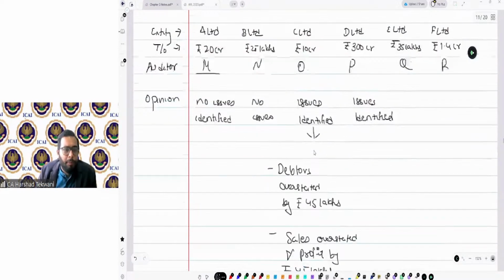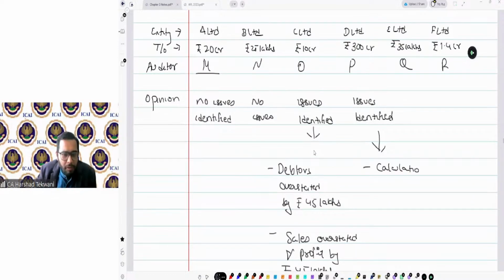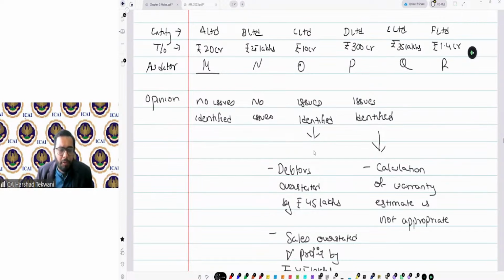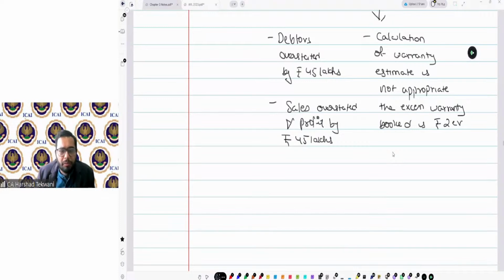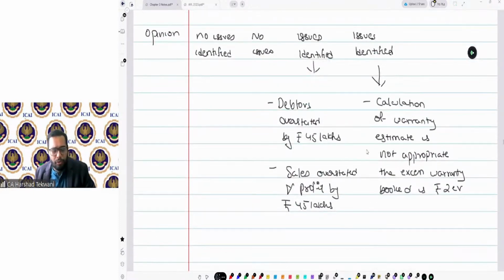Another observation identified is that the calculation of the warranty estimate is not appropriate, and the excess warranty booked is, let's say, 1 cr, a hypothetical example.